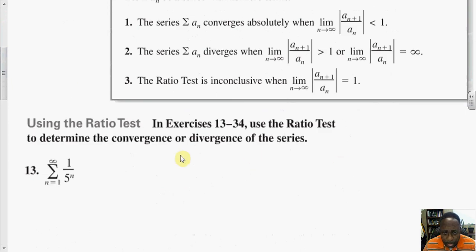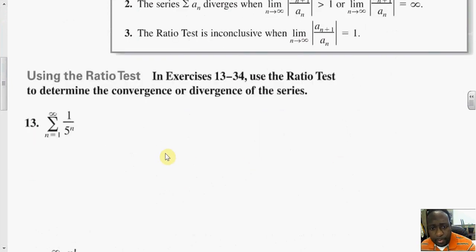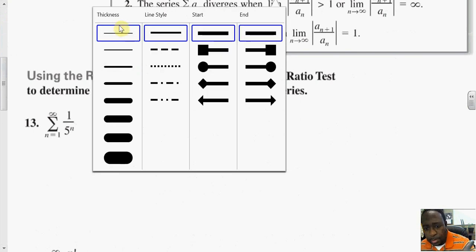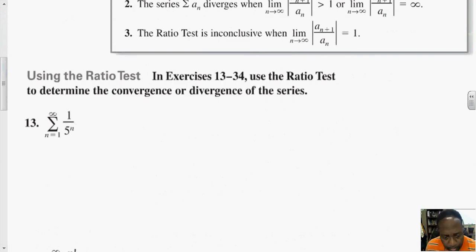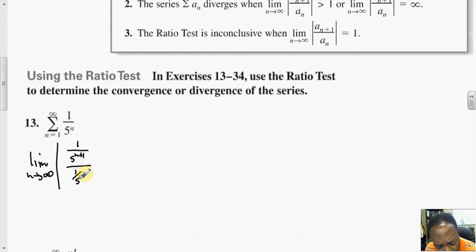let's consider the first problem by making use of the so-called ratio test. So here we take the limit as n goes to infinity of the absolute value of 1 over 5 to the n plus 1 divided by 1 over 5 to the nth power.